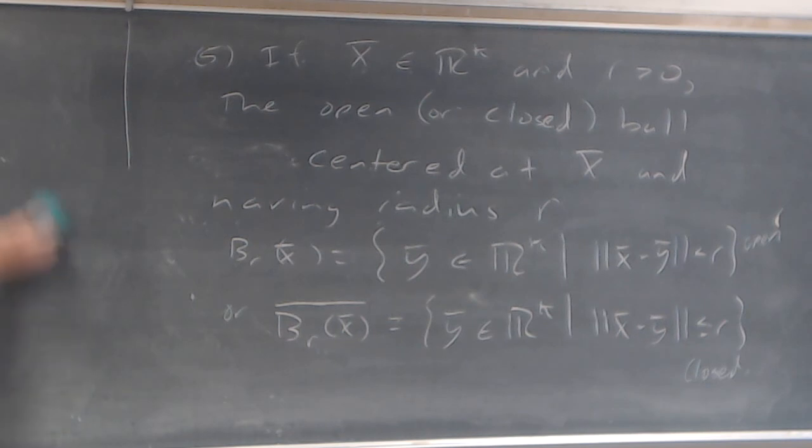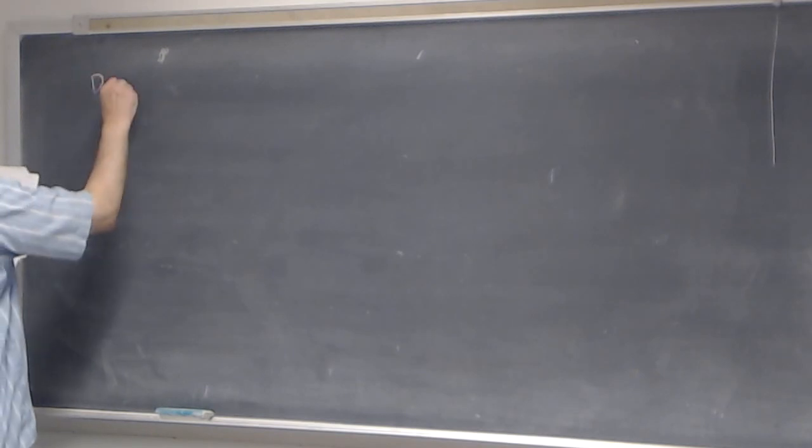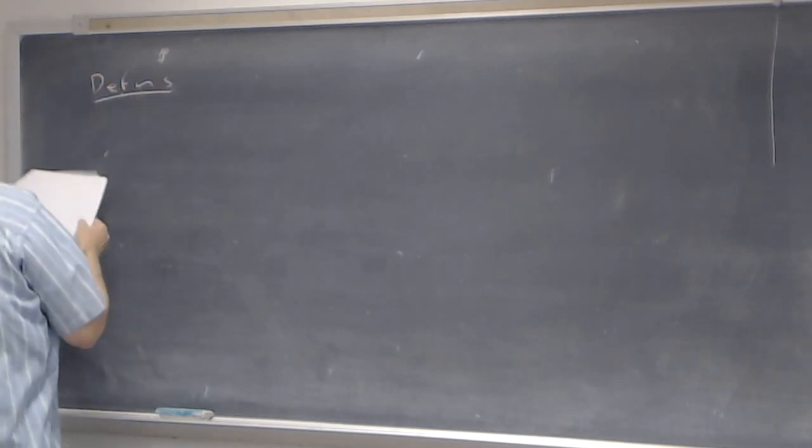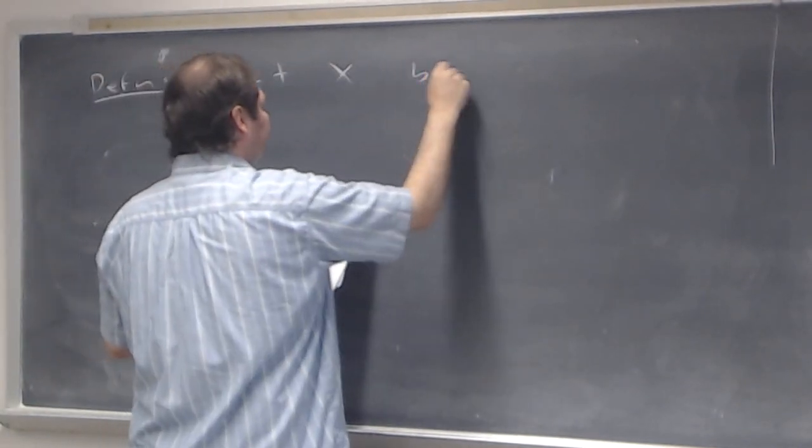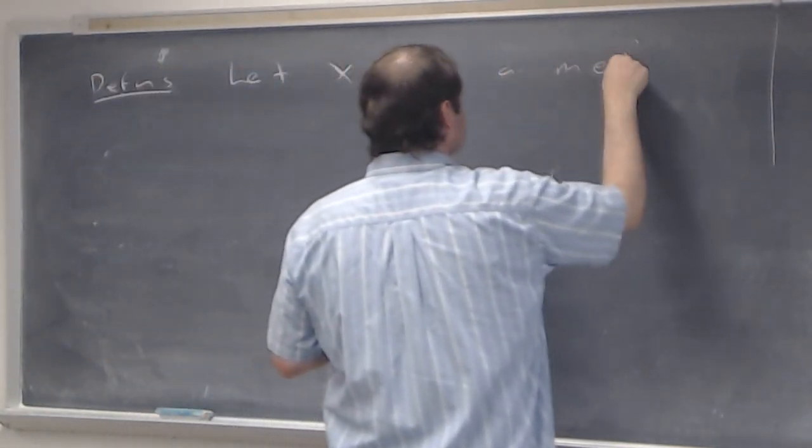But now, to get away from R^k or R, we're going to go to a generic metric space and talk about some definitions there that will be vital to us. Here's some definitions. It says let X be a metric space.